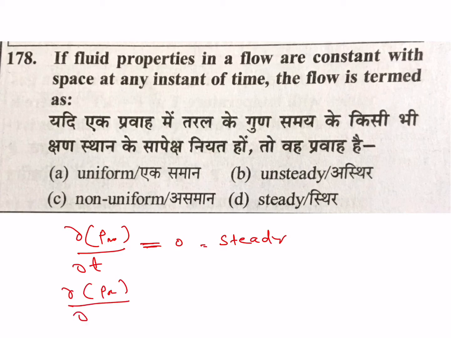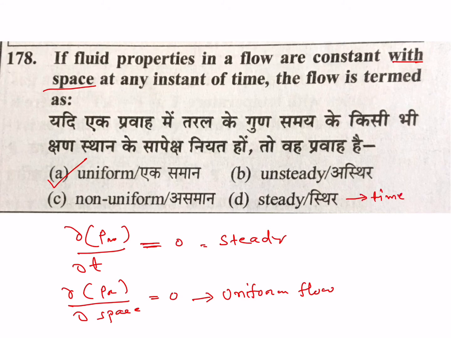With respect to space, it is uniform flow. So with respect to space, the answer is uniform flow. If they ask with respect to time, fluid properties in a flow are constant with respect to time, then it will become steady flow.